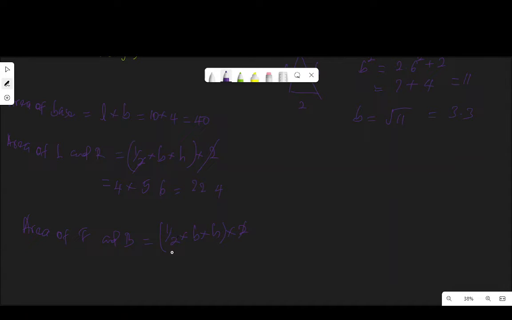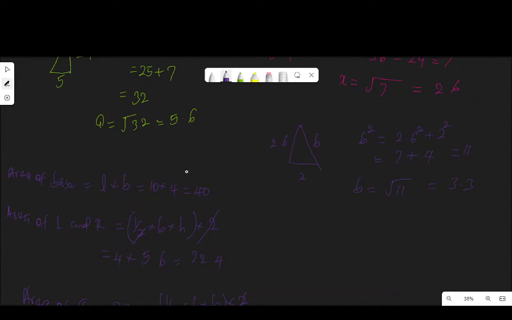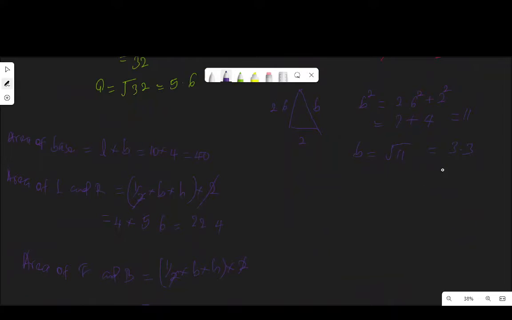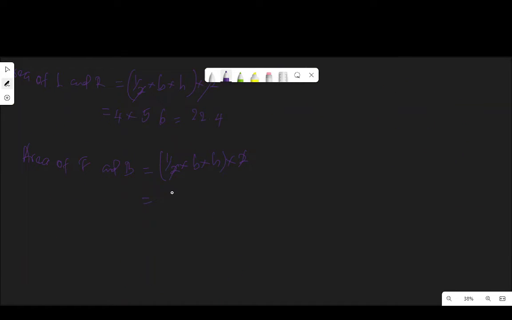These two can cancel these two. So I'm left with only base times height. The base of the triangles in front and back is 10 feet. The height is right here, which is 3.3. So 10 times 3.3 is 33.